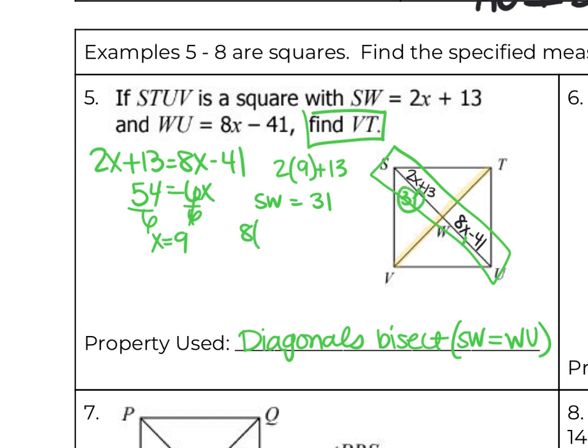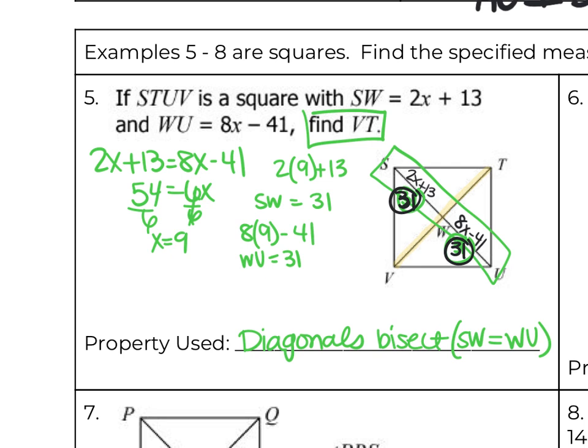You could plug into the other one too: 8 times 9 minus 41 is 72 minus 41, and that was WU. That is also 31. You didn't have to plug in both of those because they are congruent.